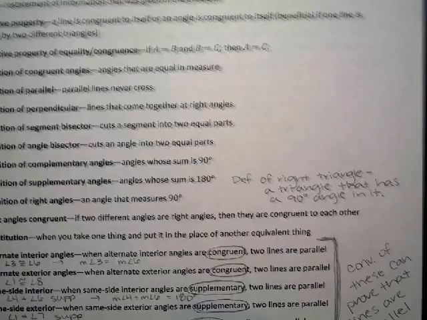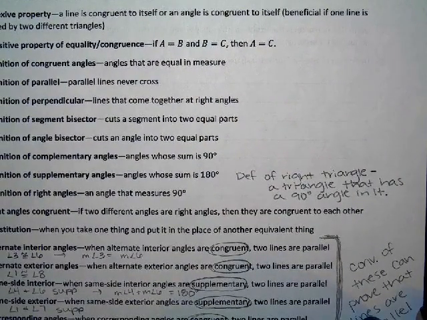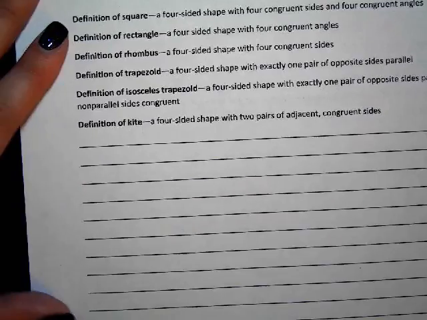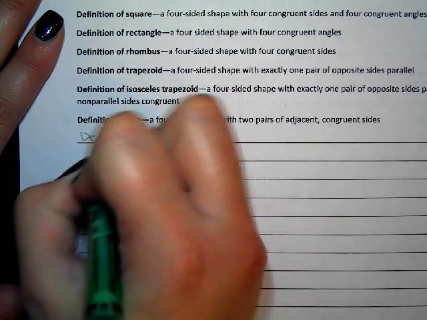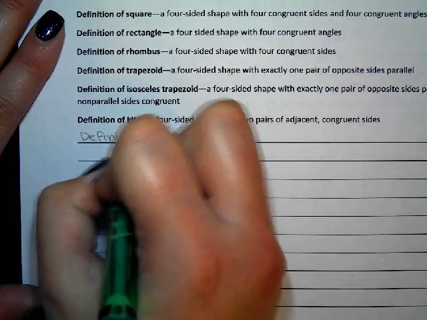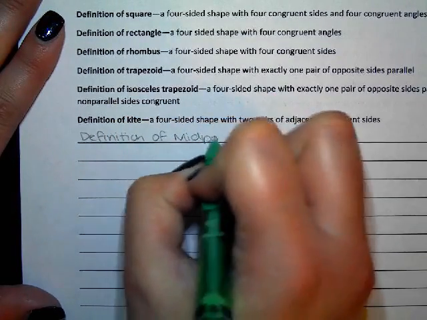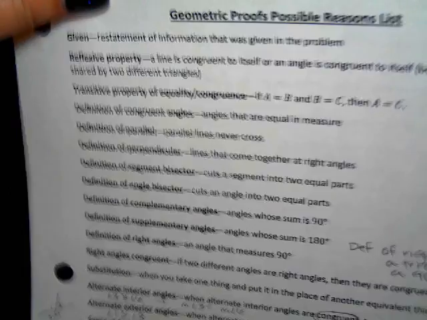Is there anything else that we've used? Yeah. There's no definition of midpoint. We use that all the time. Let's add that. Okay, definition of midpoint. That's crazy. A definition of midpoint is not on there.